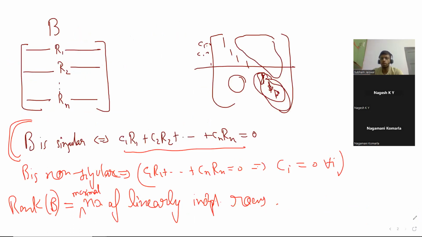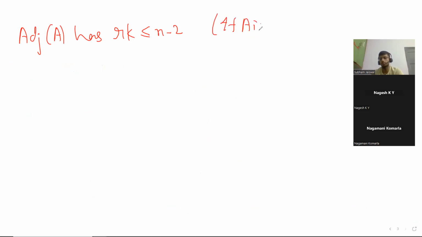So we want to say that the adjugate of A has rank less than or equal to n minus 2 if A is singular. Fine. This is what we want to show.